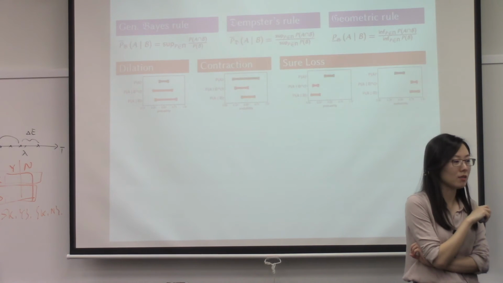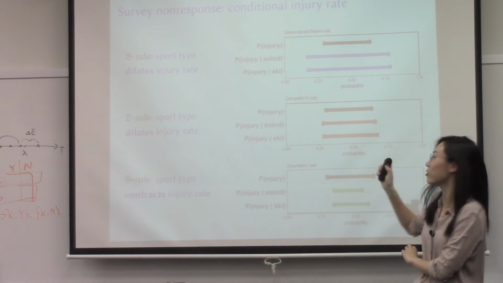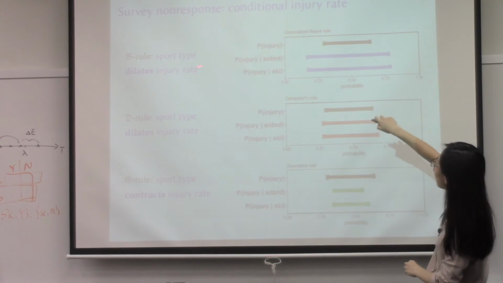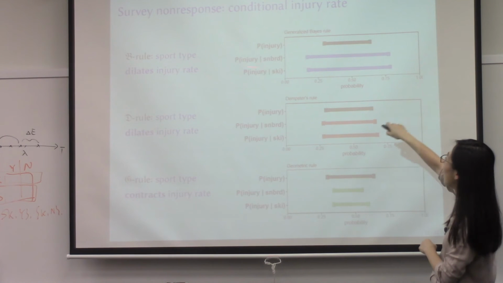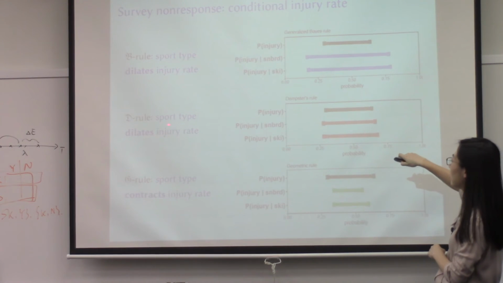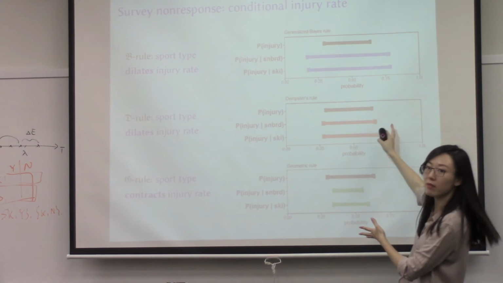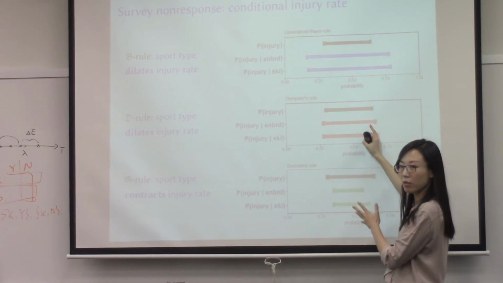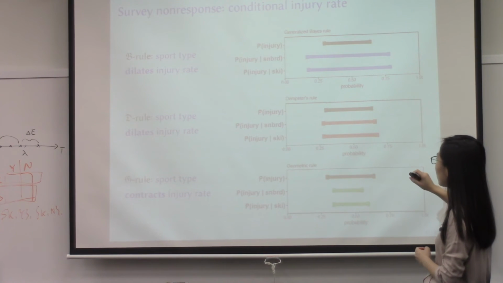That's it, by the way. That's all I have. Oh, by the way, this is just to show you. This is the last slide. What happens with dilation? For the ski case, we saw that the generalized Bayes would dilate. In that same situation, Dempster rule dilates also by a little bit, but as you can see, because it gives you a smaller set of probabilities, it's not as much as the generalized Bayes.